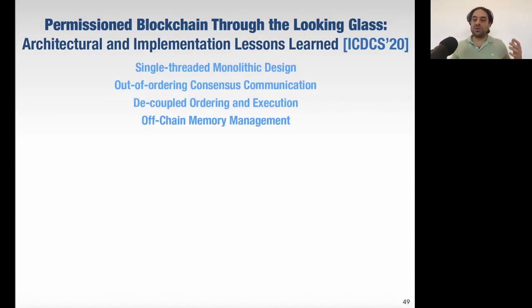And of course, the use of off-chain and on-chain memory management using buffer pool techniques, including persistent techniques that have been developed in the last 40, 50 years in the database community and also in the operating system community, when it comes to memory management, memory allocations, and all the synchronization and memory issues that center around that.